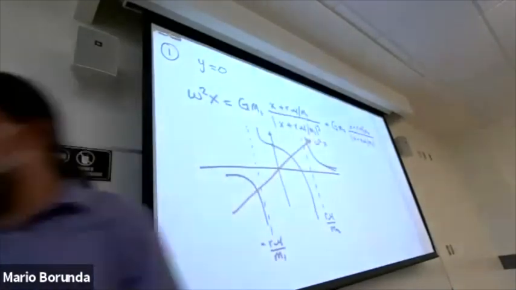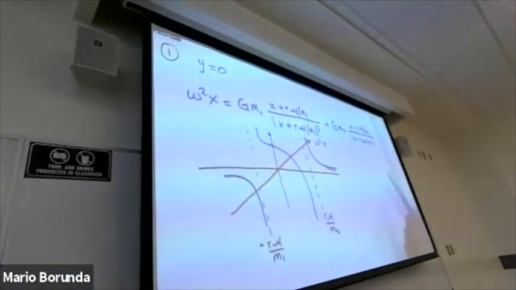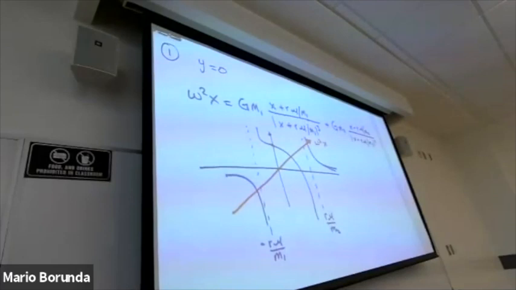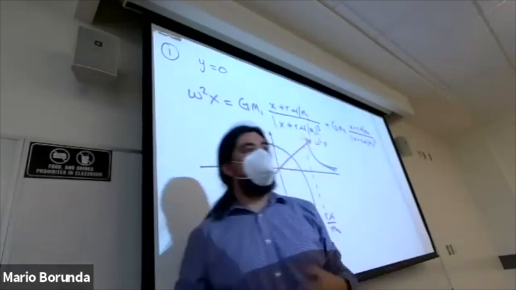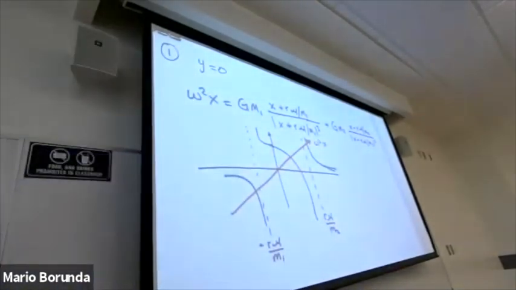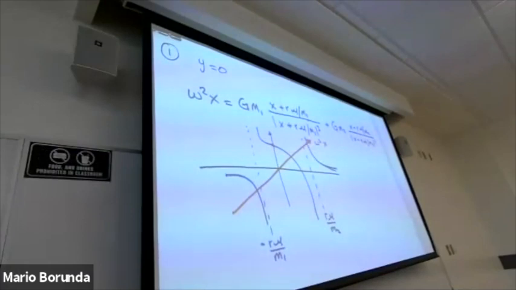Yeah, there's a cube right there. So now we have the three positions, 1, 2, 3, that happen to align with this when y is equal to 0.